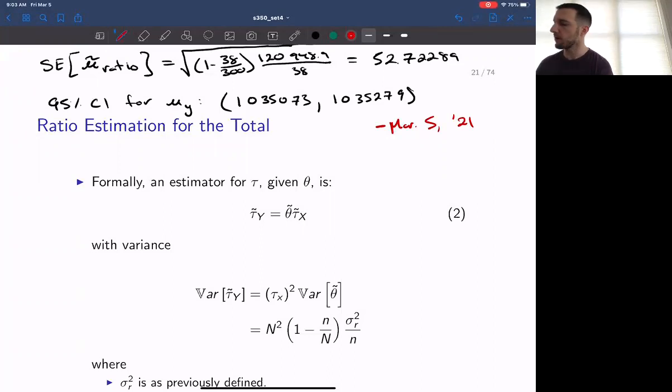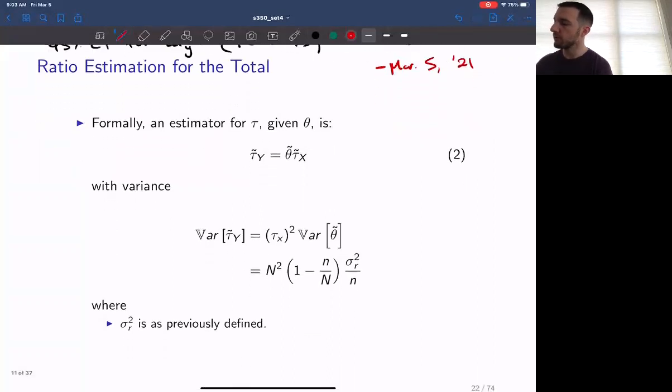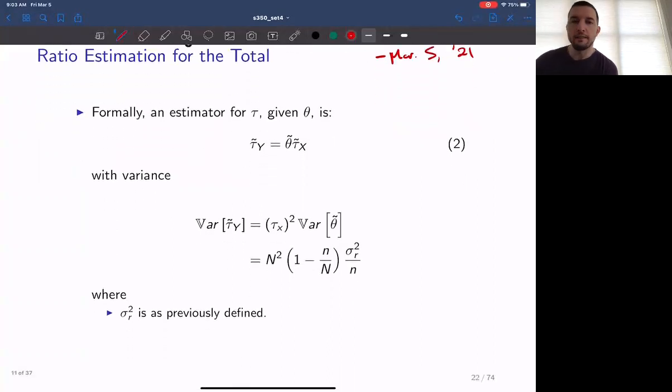For example, on slide 22, we can show that an estimate of the total for the variable of interest is given by our estimator for the ratio, multiplied by an estimate for the total for the auxiliary variable.